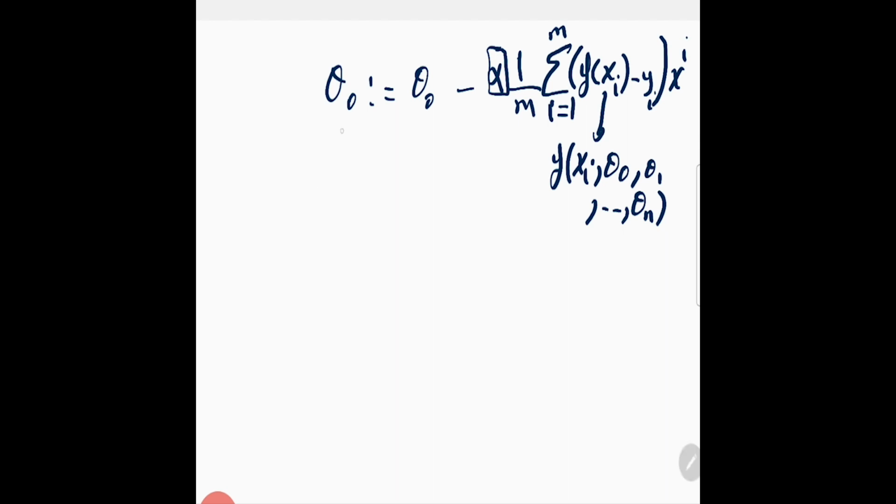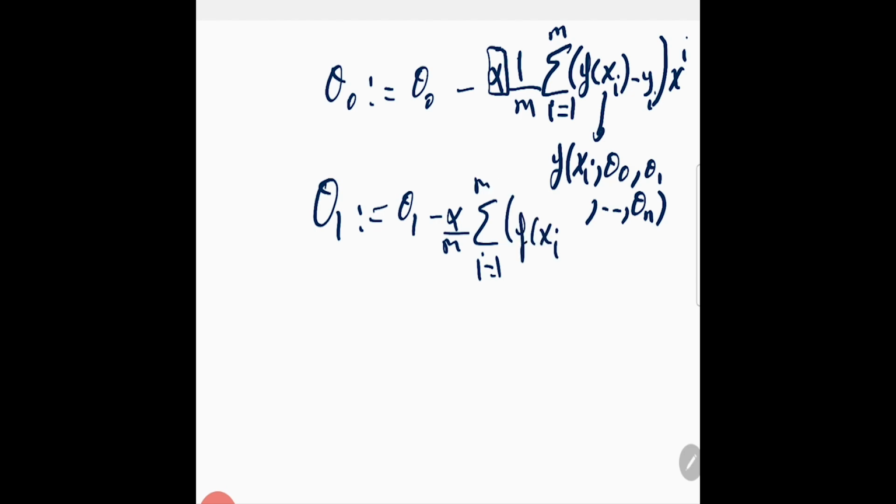So we're going to repeat this for each variable theta or element theta of the main vector. So we got theta 1, which is also going to be equal to theta 1, or the old value of theta 1, minus alpha over m, summation i is equal to 1 to m, f of xi minus yi, all multiplied by xi.